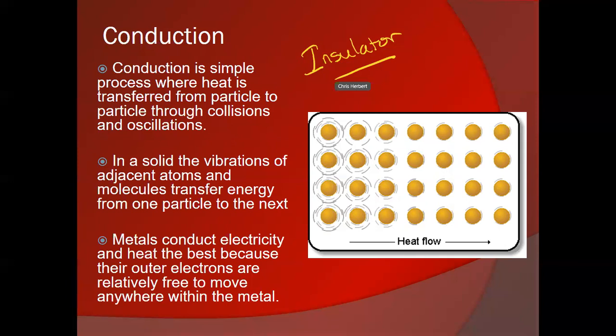You hear of electrical insulators and thermal insulators. And basically with an insulator, there's no free electrons. So things that are good electrical insulators are also pretty good thermal insulators. They don't transfer energy very easily.